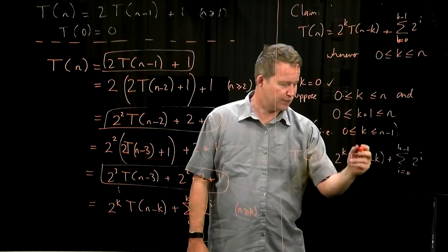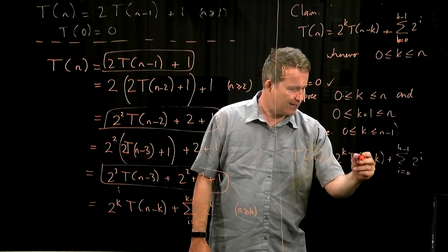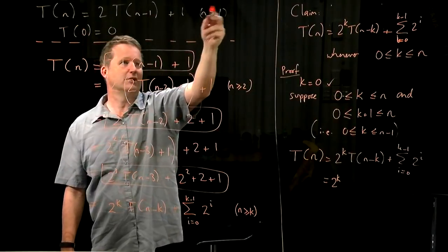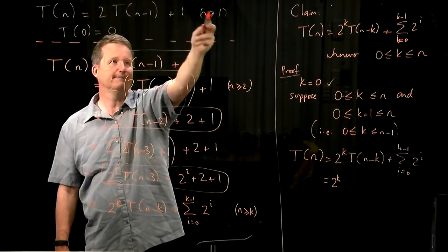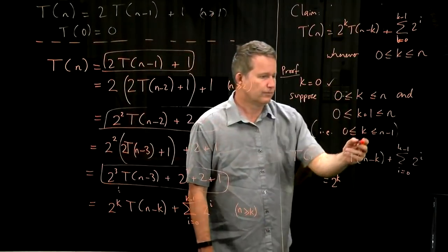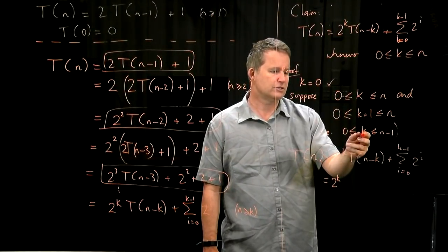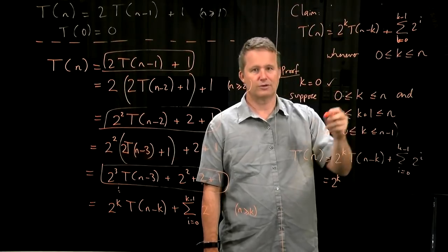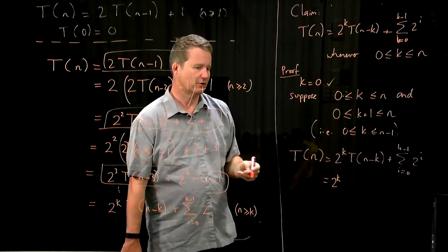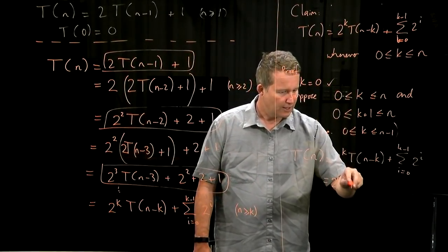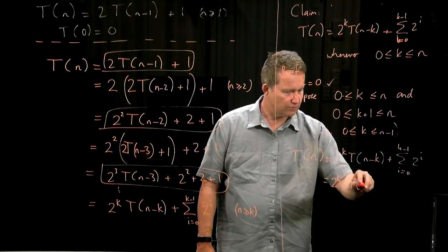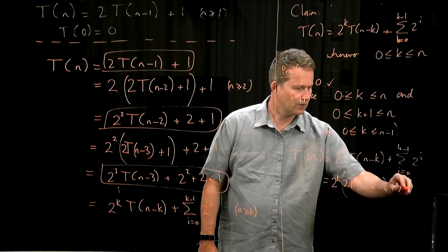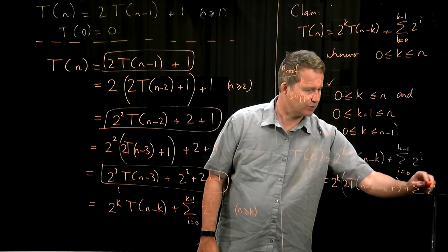So what we want is that n minus k, which is what I want to apply it to, has to be greater than or equal to 1. Well, that's this thing here. If you rearrange this to the other side, you get that n minus k is greater than or equal to 1. So everything's working. We're not running into the boundary. And so it's 2 times the value 1 less plus 1 plus the sum over here, which I haven't changed.